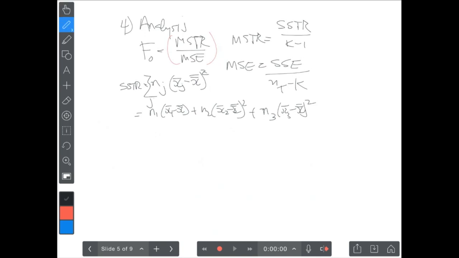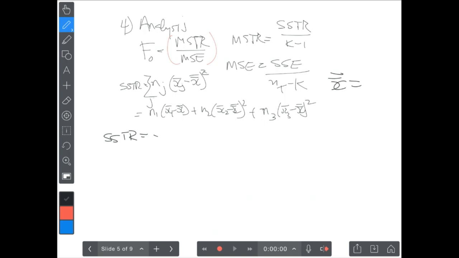So we want SSTR is equal to, in this case, N1, which is 4. Well, I should tell you that the overall average, X double bar, when I add up all of the values and then divide by 12, if I sum all of the values, it becomes 92 plus 112 plus 84.